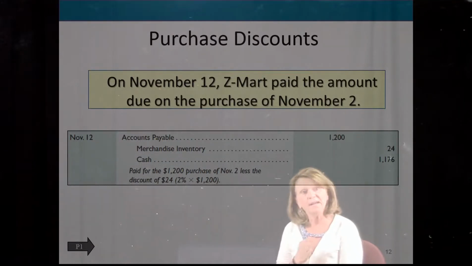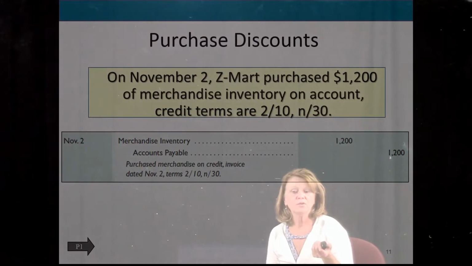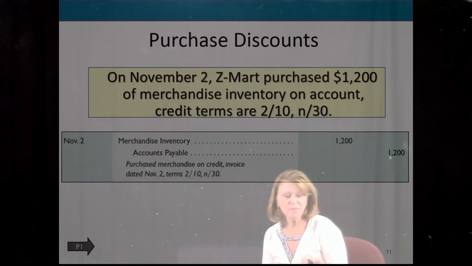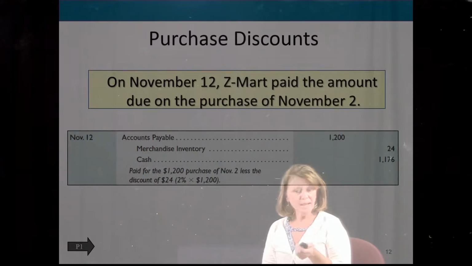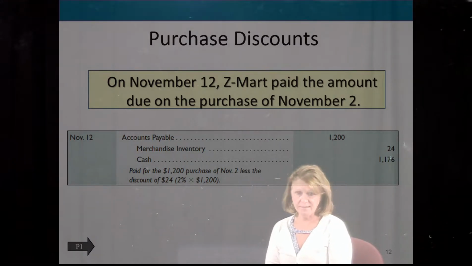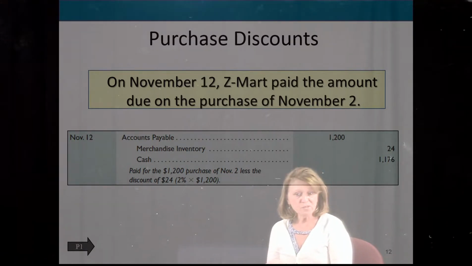Then, when the account is paid, let's go back there. You were increasing accounts payable, so you credited it. It's a liability account. When you paid it on November 12th, so it's within the 10 days, accounts payable is debited for the full $1,200.